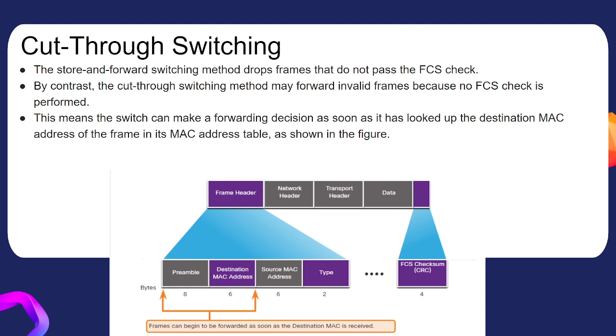By contrast, the cut-through switching method may forward invalid frames because no FCS check is performed. This means the switch can make a forwarding decision as soon as it has looked up the destination MAC address of the frame in its MAC address table, as shown in the figure. So, frames can begin to be forwarded as soon as the destination MAC is received.